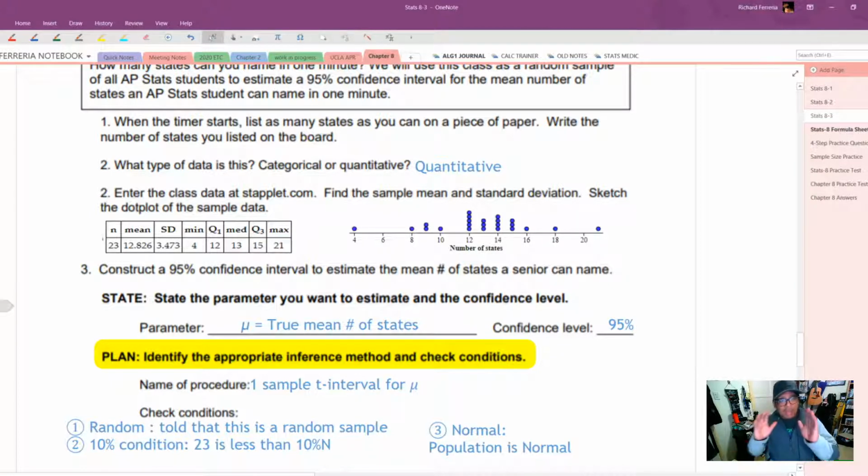So a sample that is reasonably normal or isn't non-normal is indicative of a population that is normal. In other words, we can infer that the population is normal because our sampling distribution doesn't look non-normal.